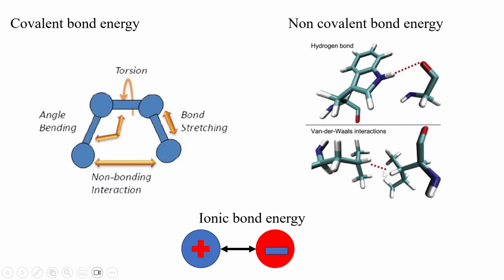Or there is a van der Waals interaction between two atoms, or there is an ionic bond where there is a positive molecule and a negative molecule, and they are attracted towards each other due to the presence of charge. This ionic bond energy is basically the Coulomb energy. Other than Coulomb energy, other non-covalent energy terms are hydrogen bond energy or van der Waals interaction.